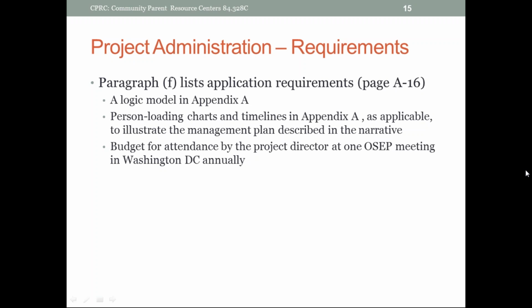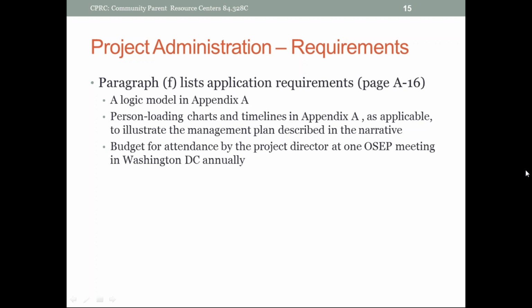So we will look at your budget to make sure you've filled out that general requirement. If any of these general requirements are not in your application, for example, you don't have a budget for attendance by the project director in your application, it doesn't mean necessarily that your application will not be reviewed.